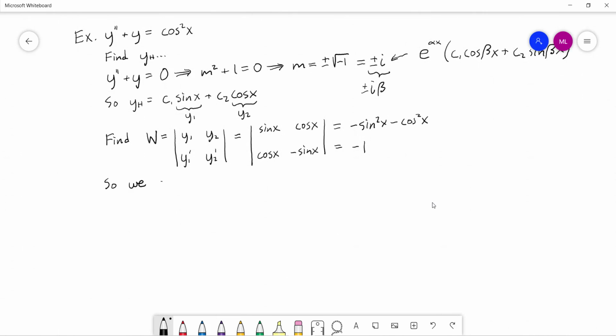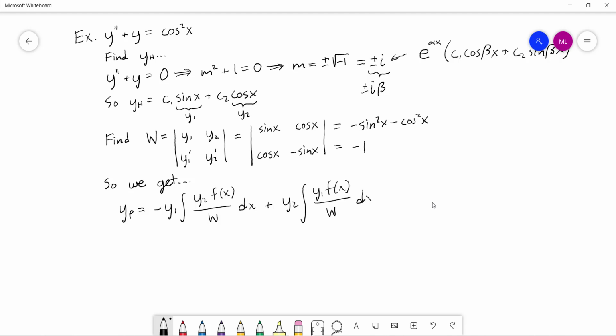So we get that our y particular, again, is going to be negative y1 integral of y2 f of x over w plus y2 times the integral of y1 f of x over w.